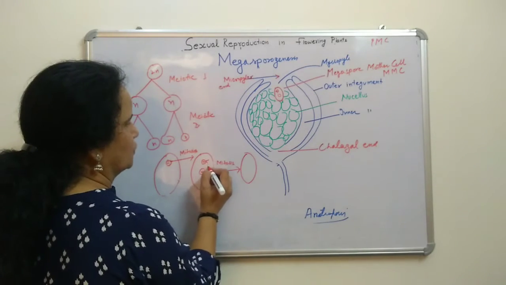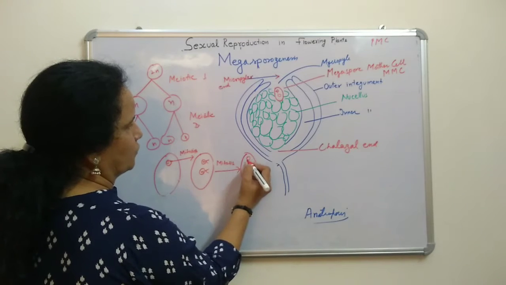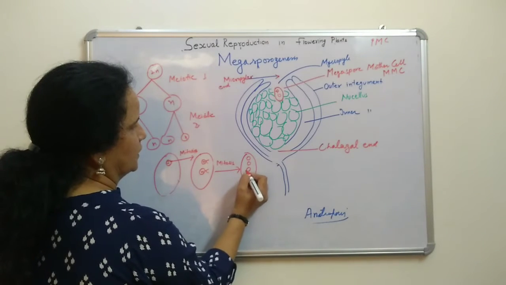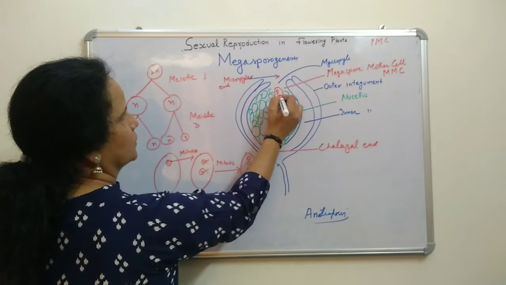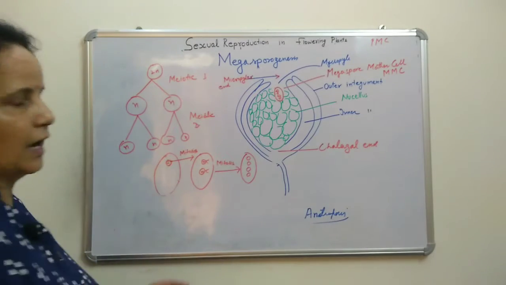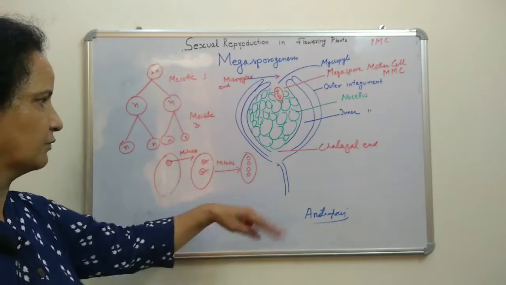Then again it will be two from this and two from this, so we have 1, 2, 3, 4. Again they will go for one more mitosis.